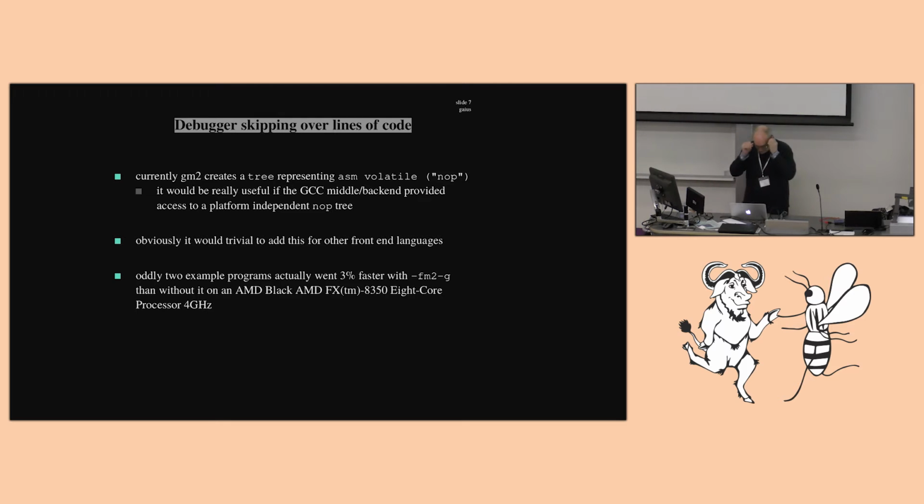So that kind of works. On an untuned AMD 8-core machine, it actually ran 3% faster on two test programs with the no-ops, and I ran it repeatedly because I didn't believe my eyes. We know that some machines that have very wide fetch blocks don't like when they have too many of a certain instruction type close together.